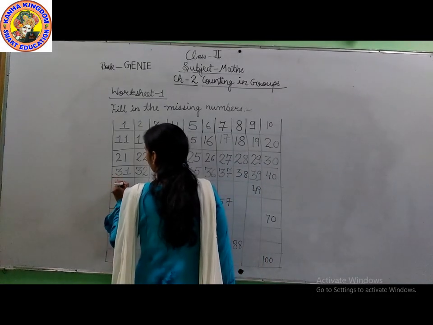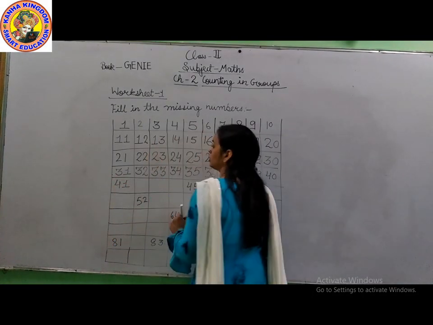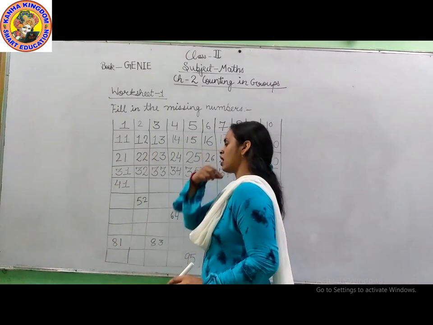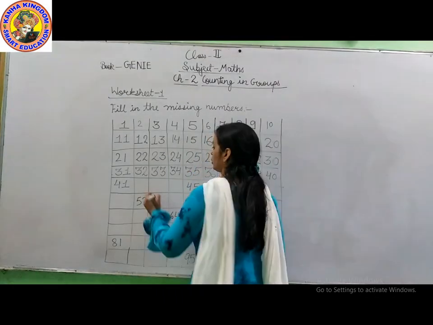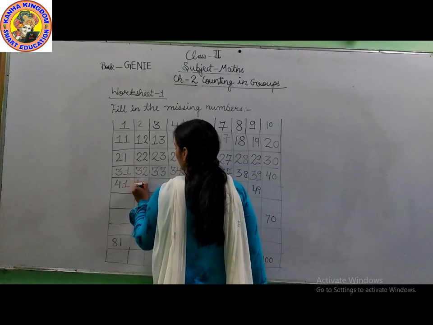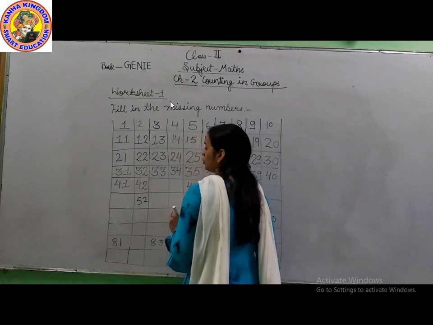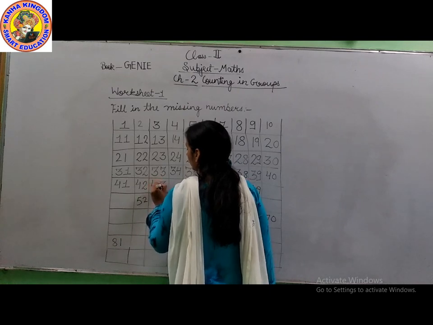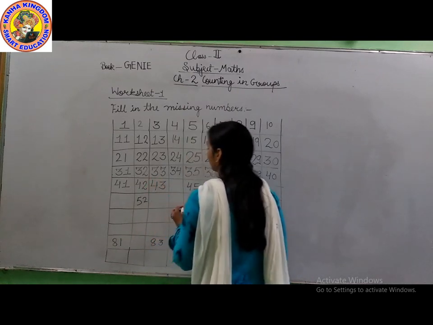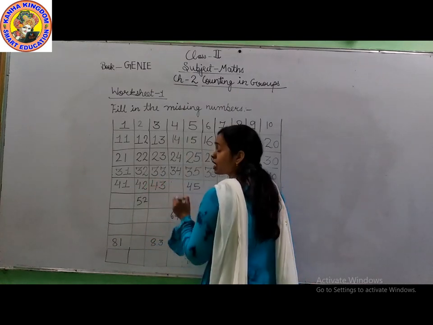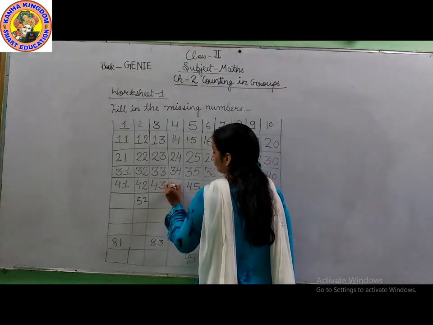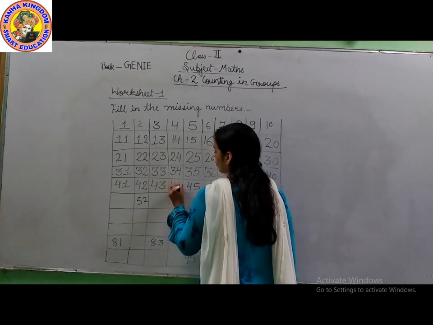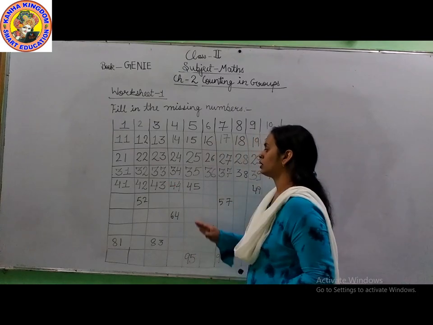41. Now what comes after 41? 42. 42 next after number is 43. What comes after 43? 44.